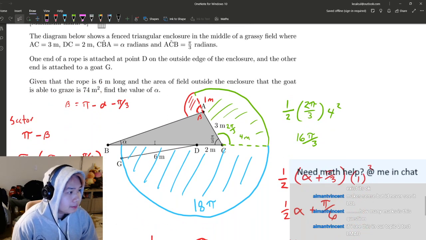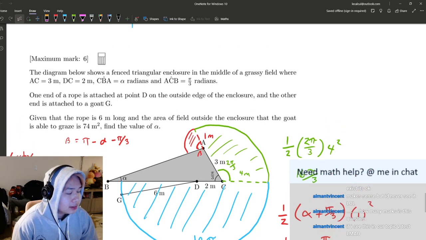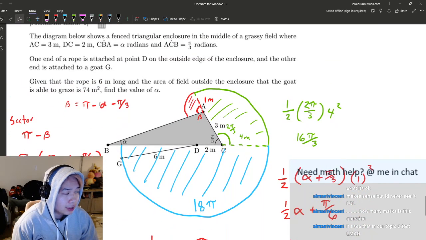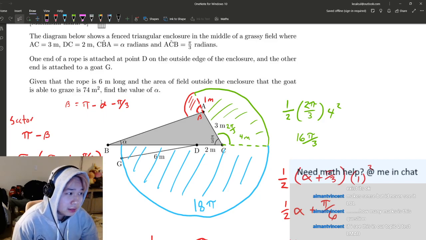I think this question, I said this before, but Revision Village's hard questions are a little unreasonable in terms of their difficulty. I don't think you're gonna see this difficult of a question, but I wouldn't put it past them.